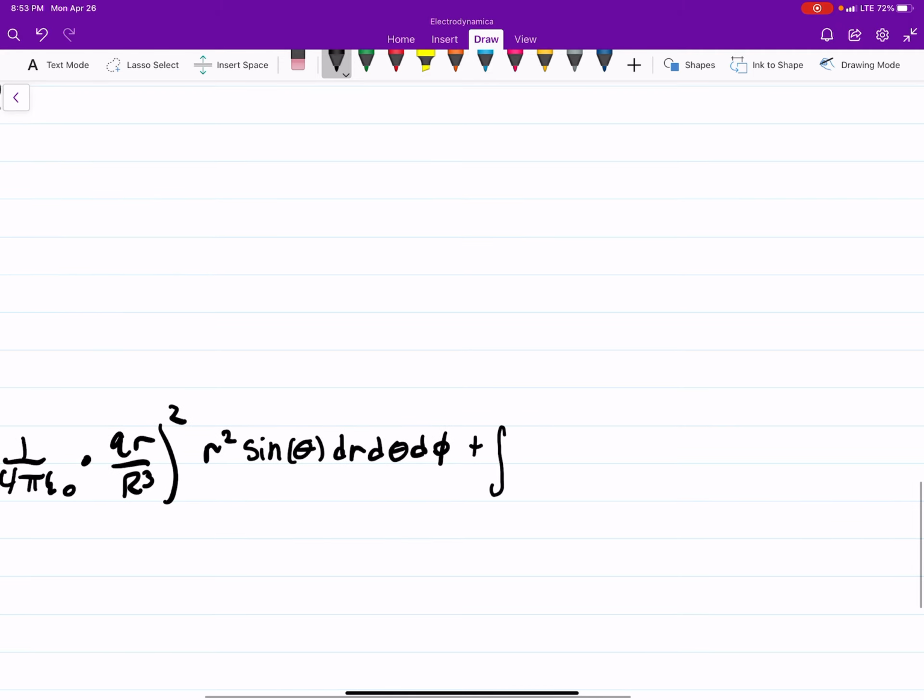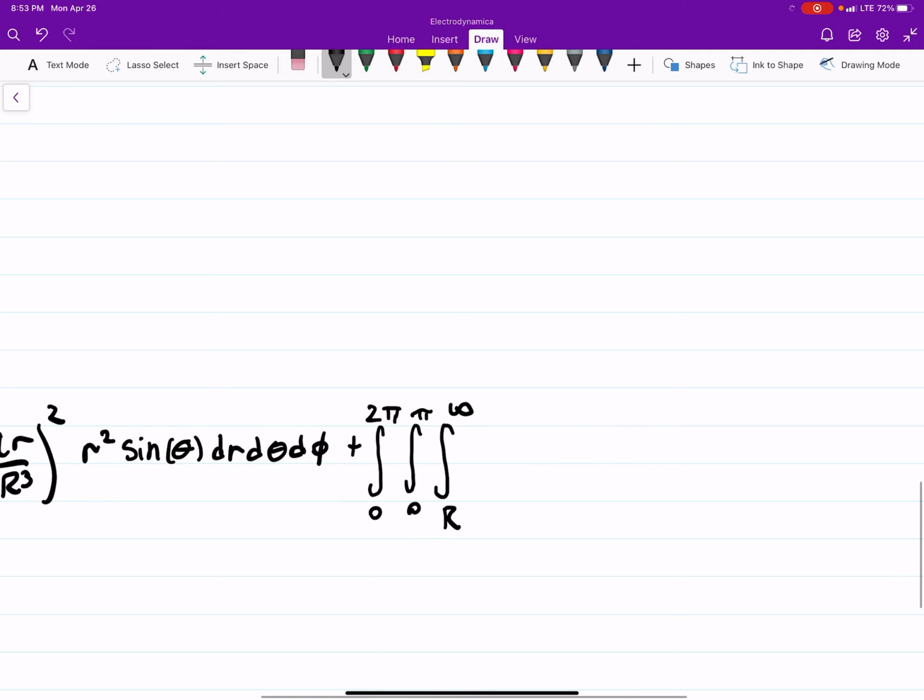Plus, we do have to do another triple integral here, and that's because we have a different E field when you're outside. So from R to infinity. So that's your E field outside: 1 over 4 pi epsilon naught times q over r squared, squared.